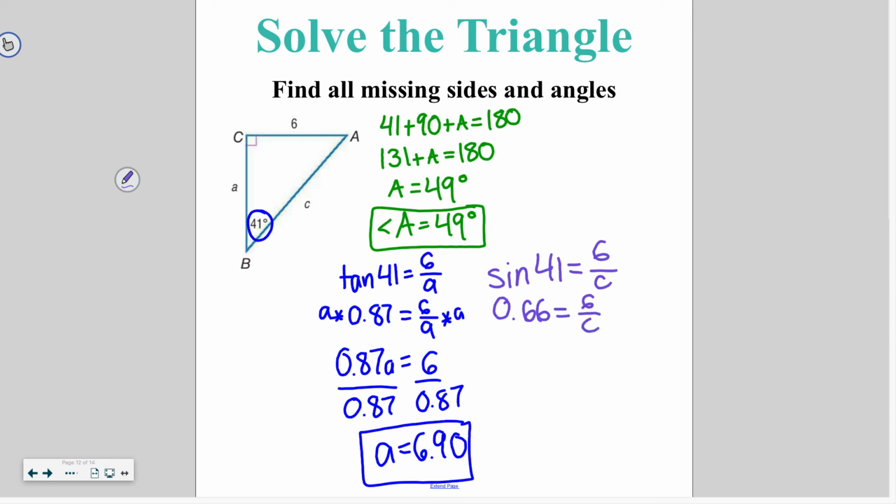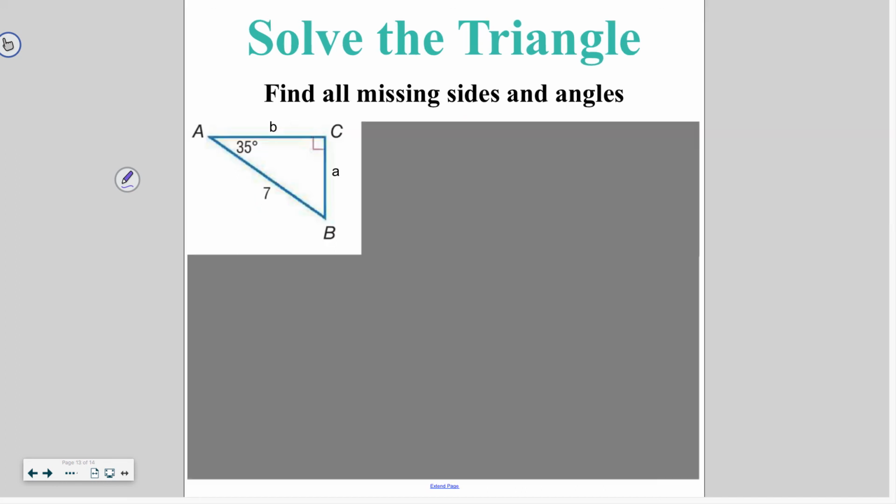To get rid of the c in the bottom, I'm going to multiply both sides by c. So I have 0.66c is equal to 6. Dividing by 0.66 on both sides, I end up with an answer of c is equal to 9.09. Go ahead and try this one on your own.